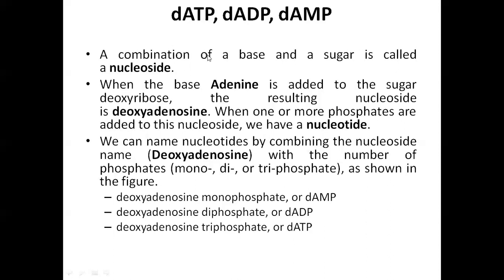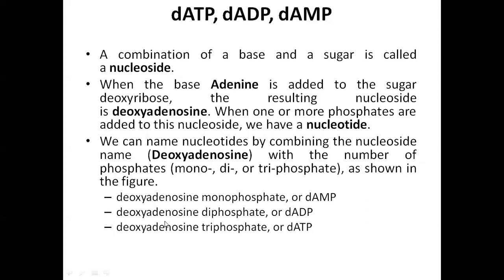In that way, we can name the nucleotides of DNA. There may be deoxyadenosine mono-, di-, or triphosphates. Like that, you can give the names DGTP, DGDP, DGMP, and so on.